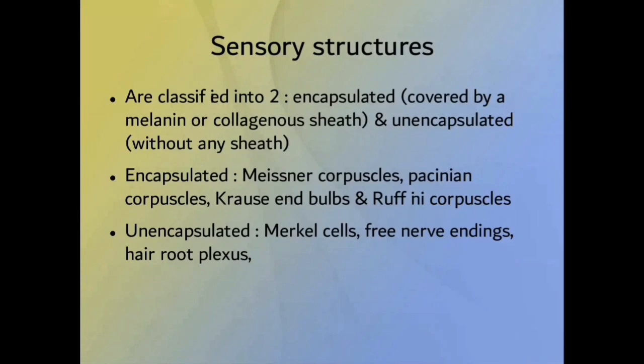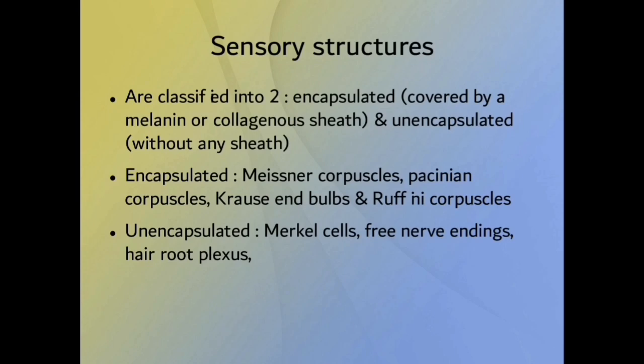Okay, now let us talk about sensory structures which we find within the skin. We have two classifications of sensory structures. First, we have what we call encapsulated sensory structures, which are those covered by a sheath, either myelin, which is produced by Schwann cells, or a collagenous sheath.